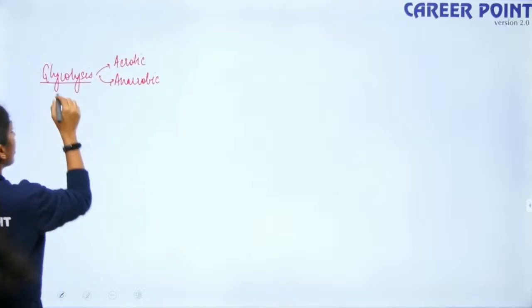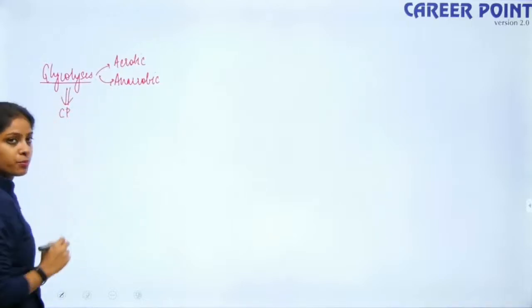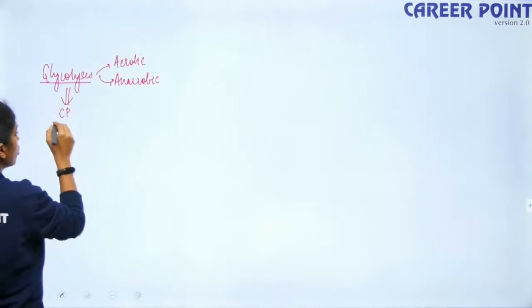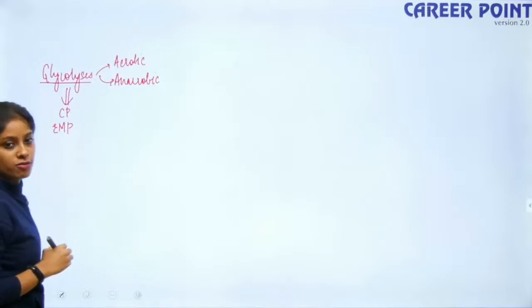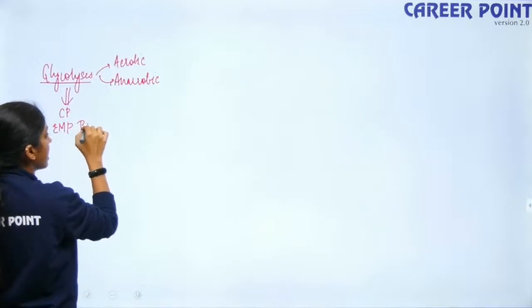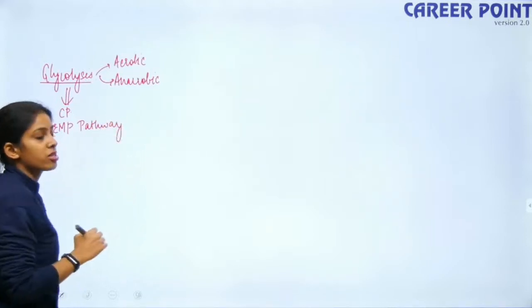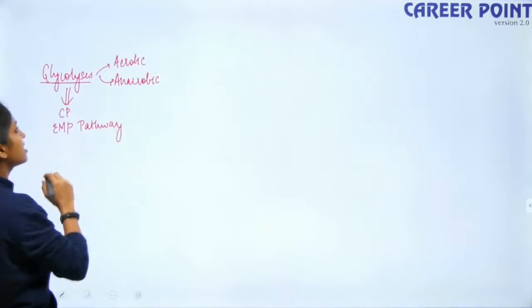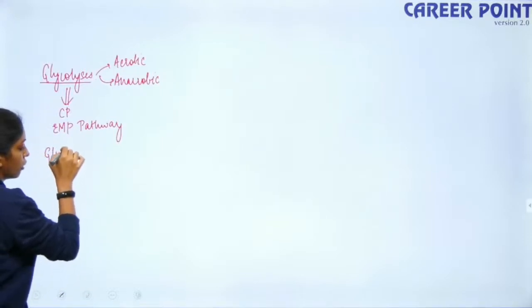Where does glycolysis happen? Glycolysis happens in the cytoplasm. It is also known as the EMP pathway, the Embden-Meyerhof-Parnas pathway, after the three scientists who discovered this pathway. They found that a process is happening like this. What is the starting point of glycolysis? Here the substrate is glucose.